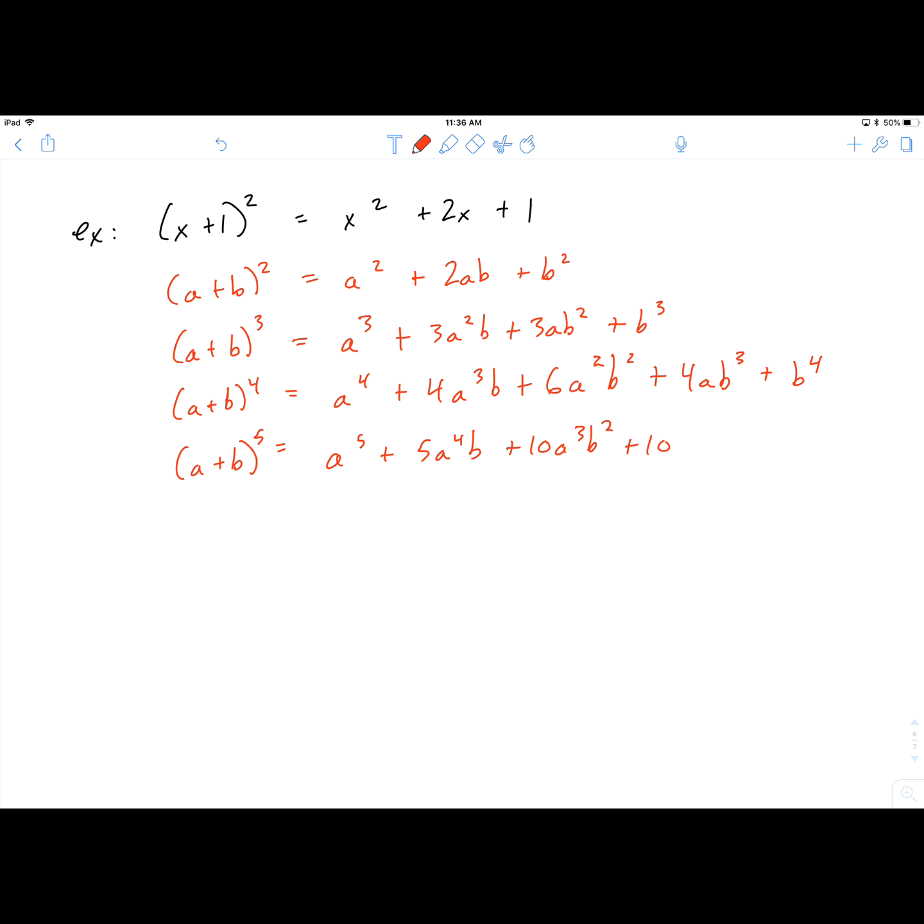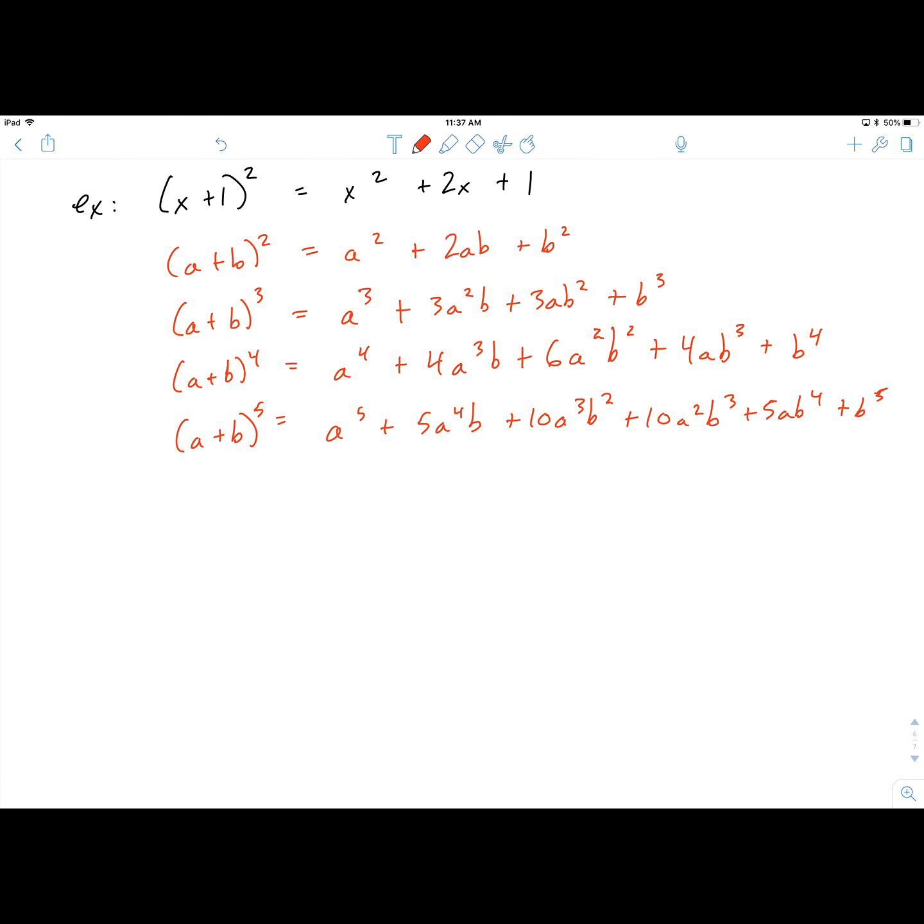We can write down all these terms, and what we're looking for is a pattern here. The pattern may or may not be obvious, but I can write this down by just writing down these coefficients. We can start to notice an interesting pattern.